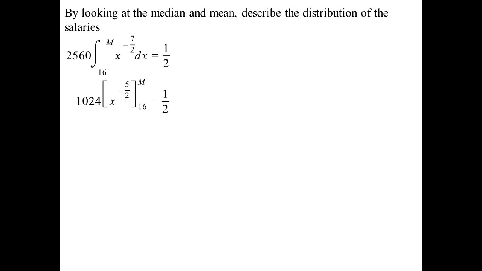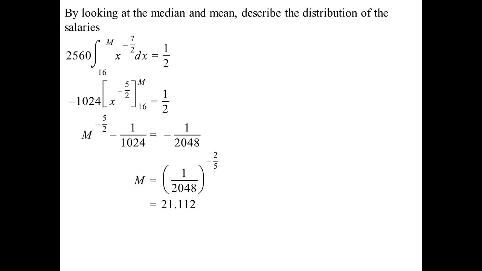Add 1 to the power, over the power, and we end up with minus 1,024 x to the minus 5 on 2. Sub in the m, sub in the 16, rearrange it all, make m the subject, and we end up with 21.112. So the median salary, that was in thousands of dollars, so we get $21,112. So there's our median.